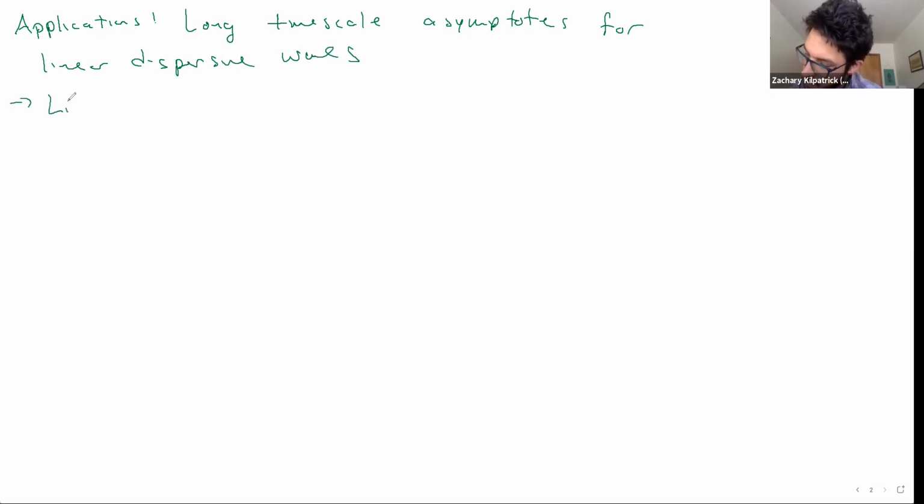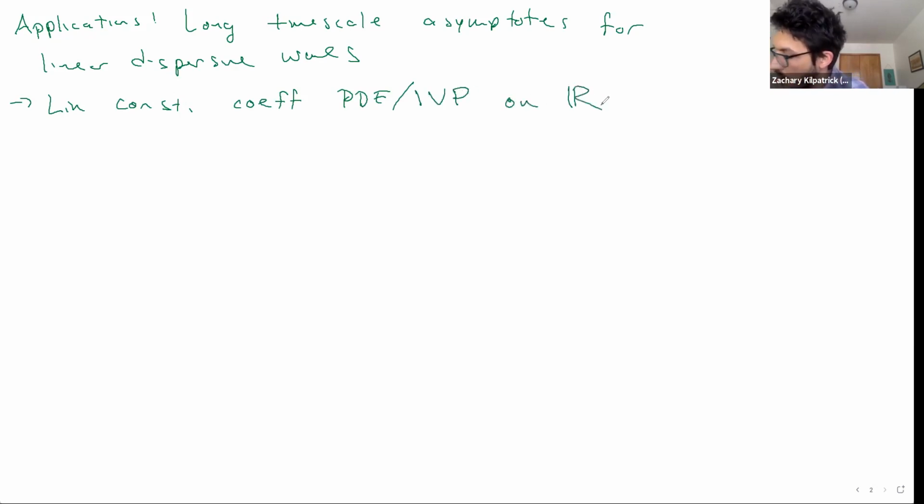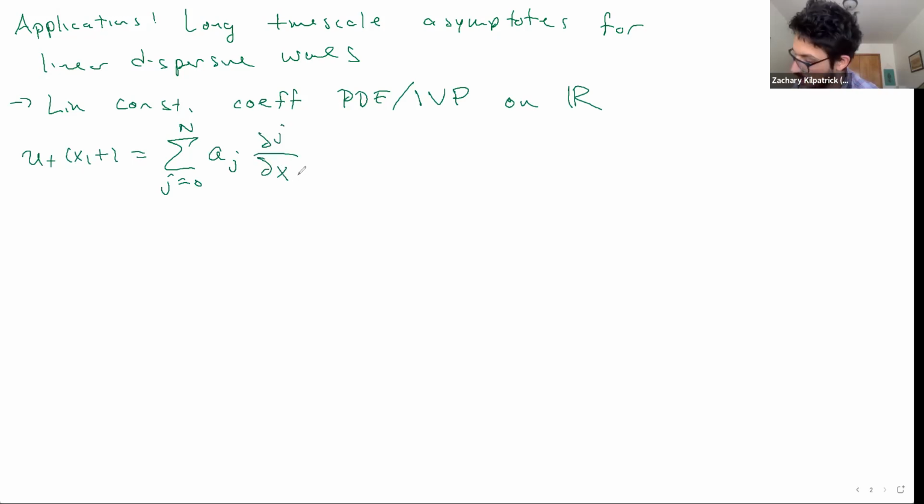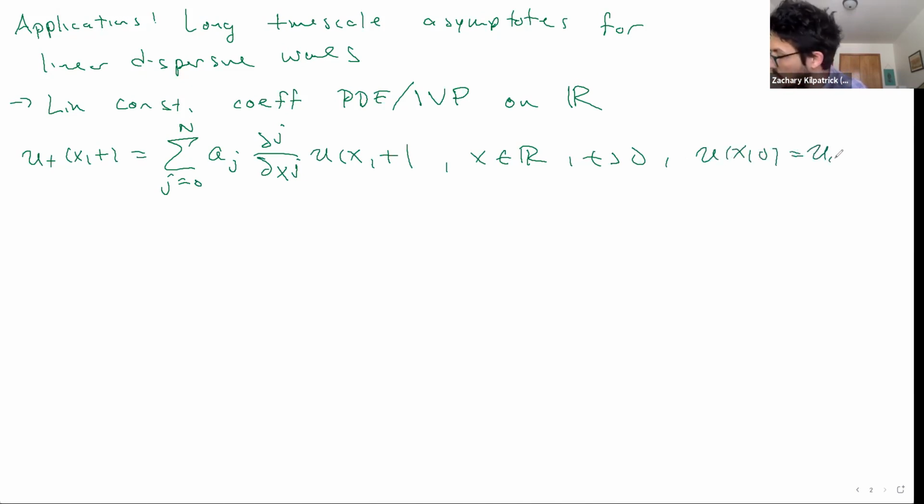So let's say that we have some linear constant coefficient PDE, and in particular, an initial value problem on R. So u sub t of x,t is equal to the sum from j equals 0 up to n of a_j d^j/dx^j u of x,t, where x lives on the reals, t is greater than 0, and then we're going to have an initial condition, u of x,0 equals u_0 of x, defined on the reals. Okay.